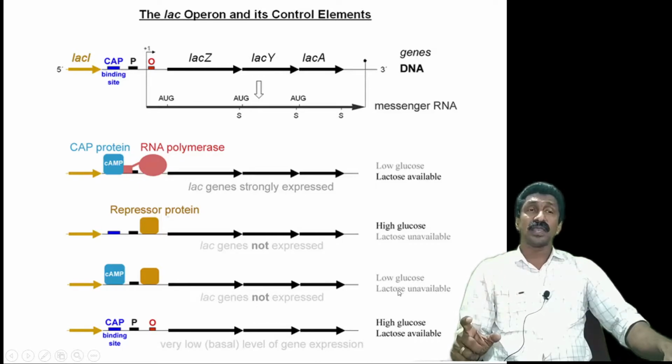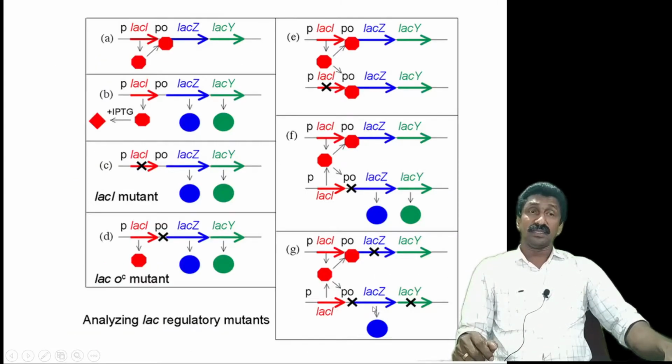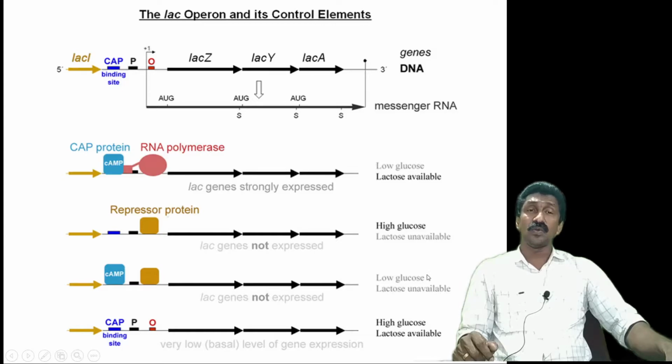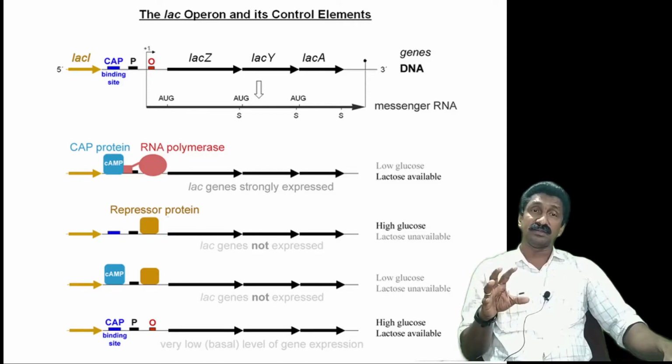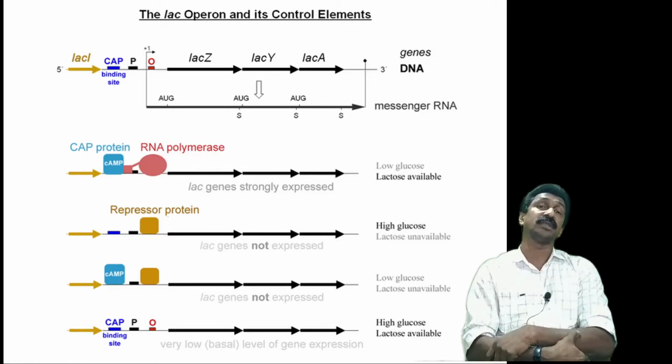low glucose and lactose unavailable. Both glucose and lactose are unavailable. In this case, since there is no glucose, cyclic AMP is there, and the cyclic AMP-CAP complex can bind to the promoter region. In that case, there is a possibility that RNA polymerase can bind.